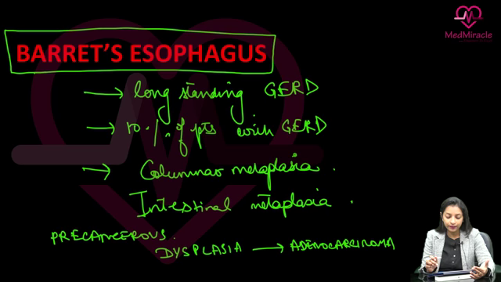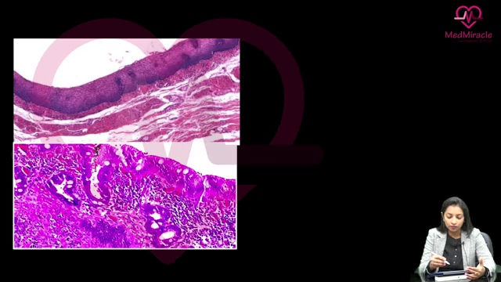So, just to explain to you, this is the normal esophageal lining. So, this is the squamous epithelium of the esophagus followed by submucosa and the muscular layer and there is adventitia.